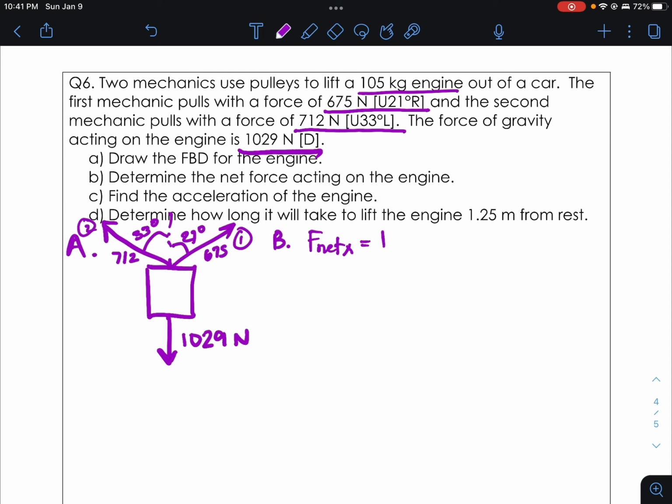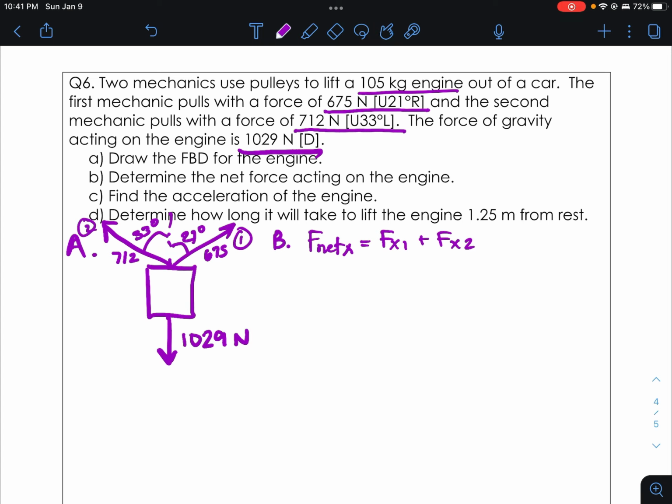We'll say Fx1 plus Fx2. So to find the force in the x direction, we're going to need to use components.